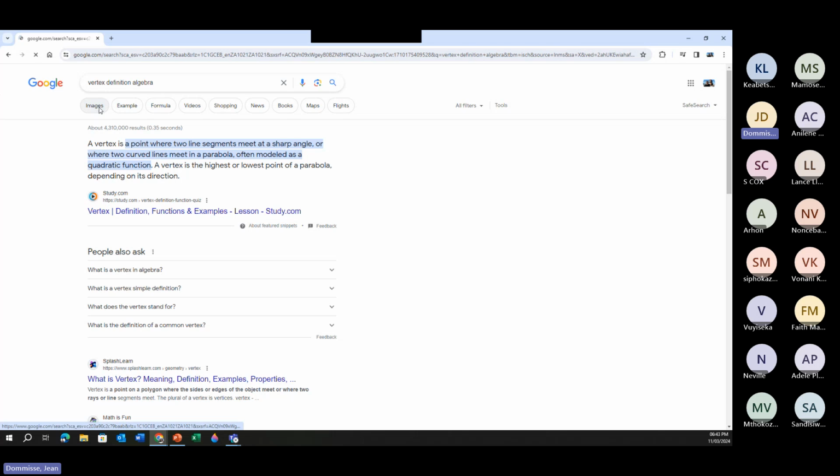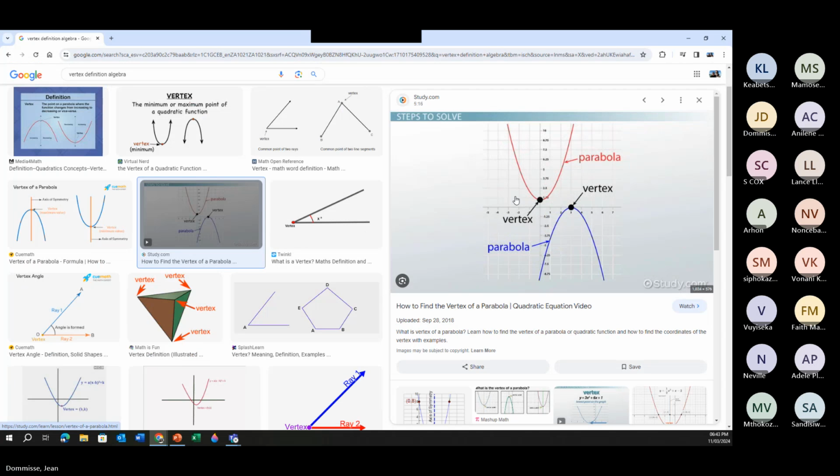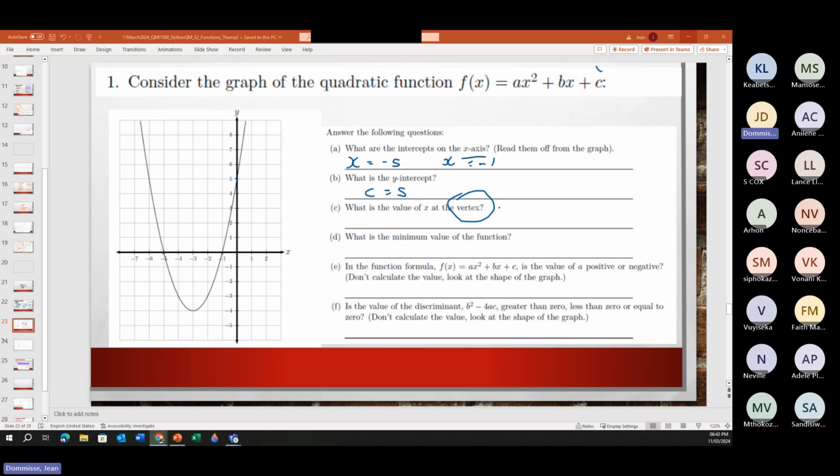So let's rather go to images. So that turning point is the vertex. Really have not heard that word for quite some time. So again, if you get a word like that, Google to see what it is. But basically, they want to know what is the x value at the turning point. And the x value at the turning point is equal to minus 3.